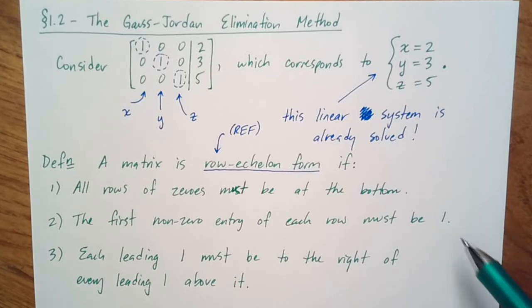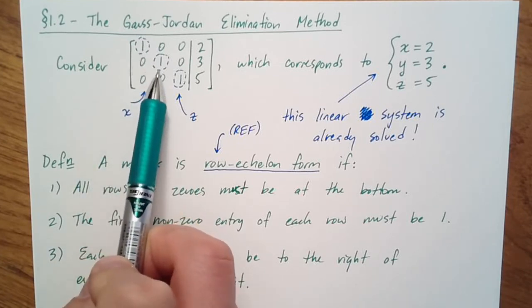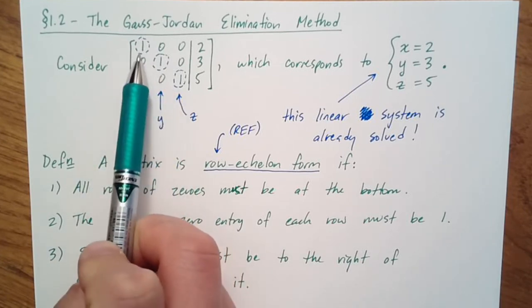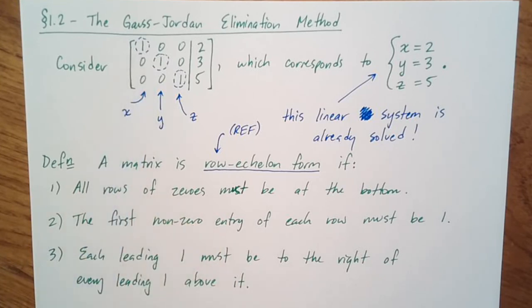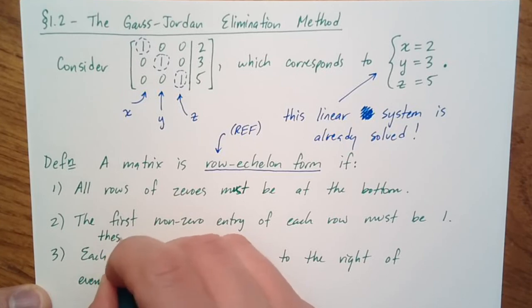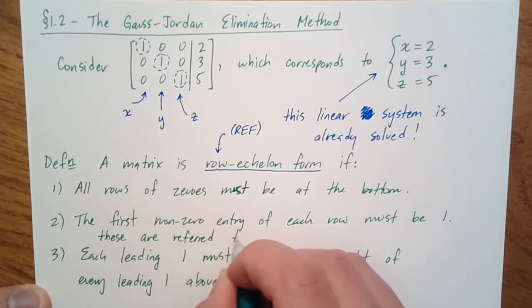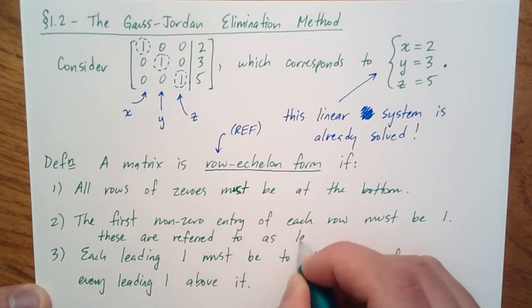And if it happens to also be a 1, then it's a leading one. So when I say leading ones, I'm talking about these entries that are the first non-zero entries of their rows and also happen to be 1. So these entries are referred to as leading ones.